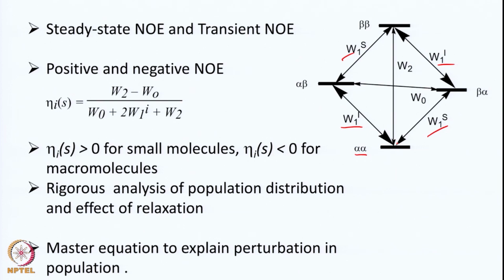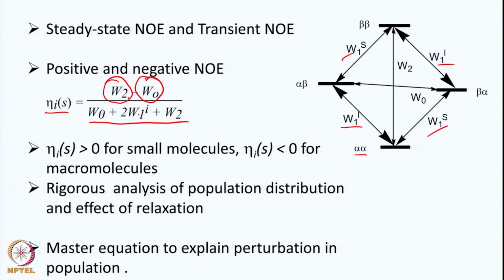We saw that the double quantum transition and the zero quantum transition probabilities play an important role in giving the NOE enhancement. The ratio involving omega 0, omega 1 and omega 2 gives the NOE enhancement, and depending on what kind of NOE signal we get, that will be the enhancement.